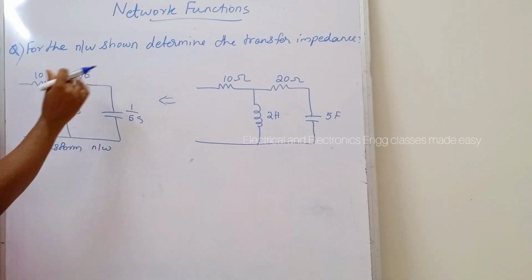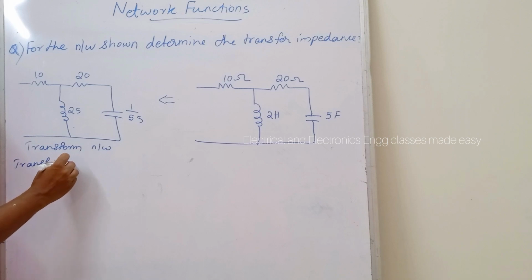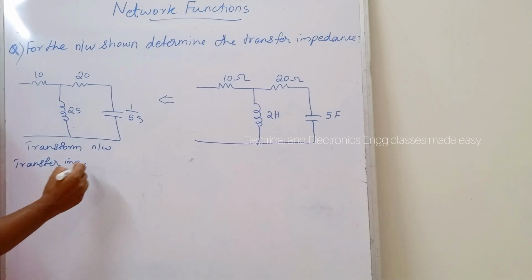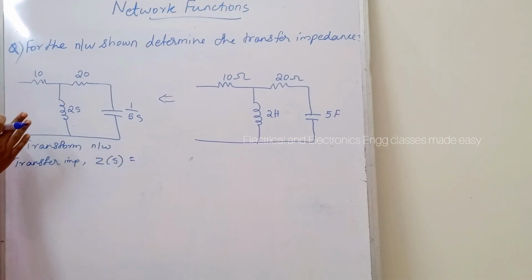Now we have to find the transfer impedance. So what is transfer impedance? Transfer impedance is Z of S. This is a one port network.